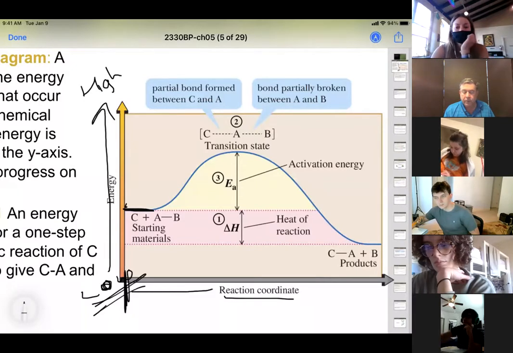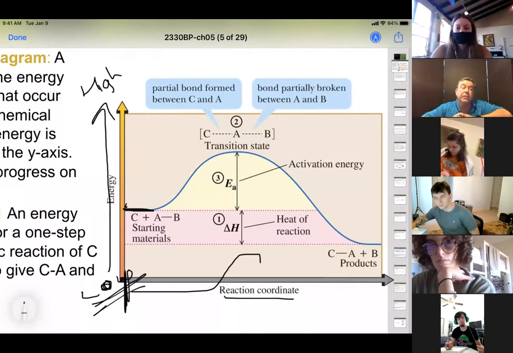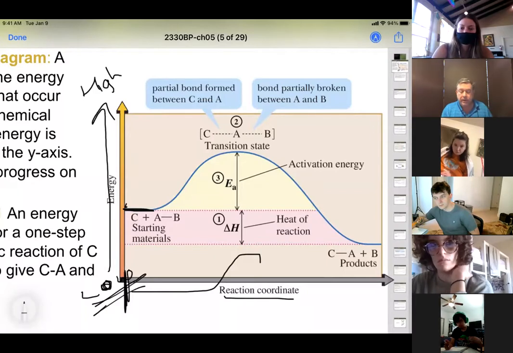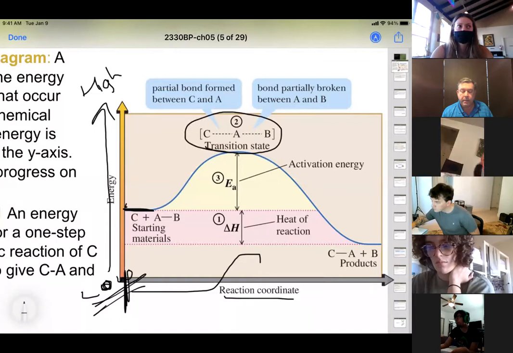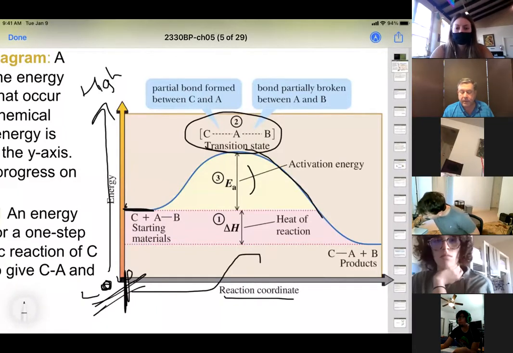And so we're going to start always with the starting materials. And then we're going to go through some kind of change. Something has to happen to get that reaction to go. And we usually call that the transition state, whatever energy is required to make this reaction happen. And we have an energy associated with that. And then once it happens, it can go down from that.